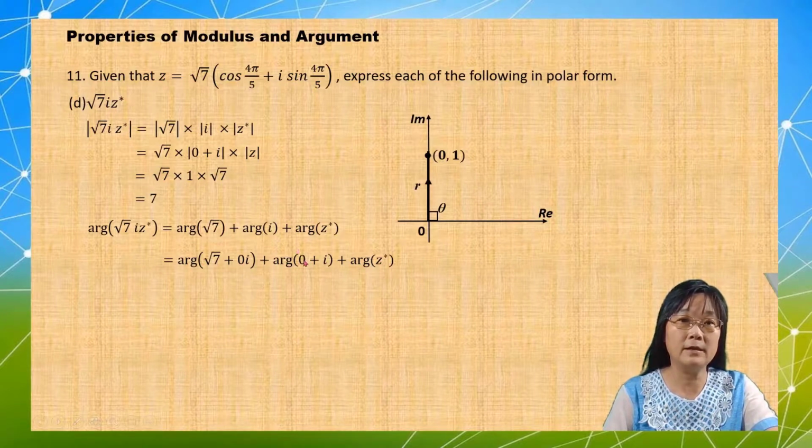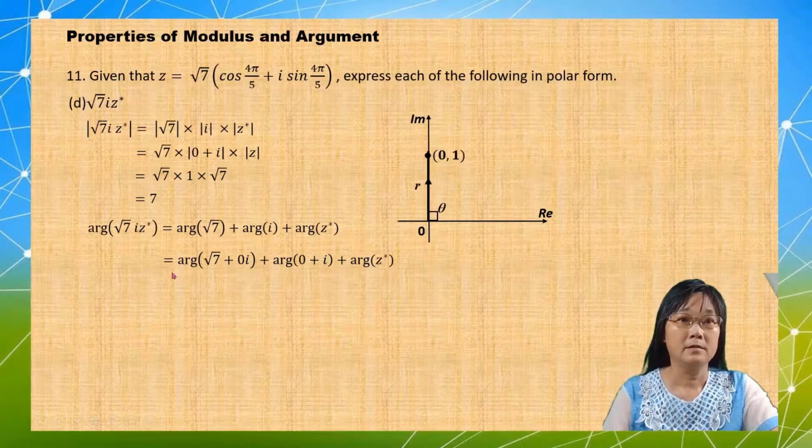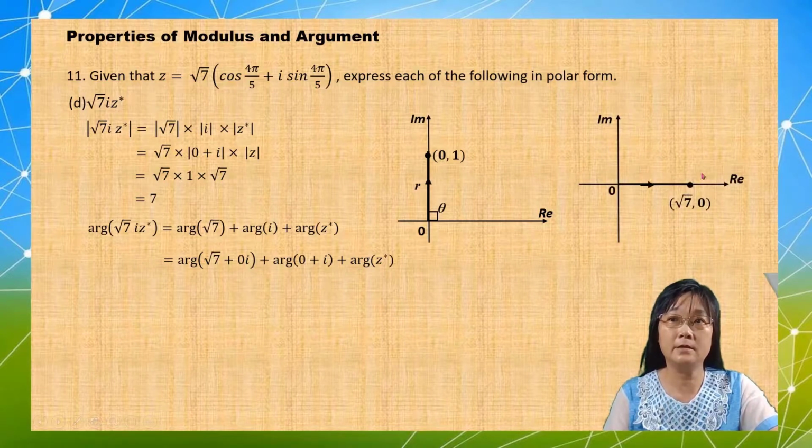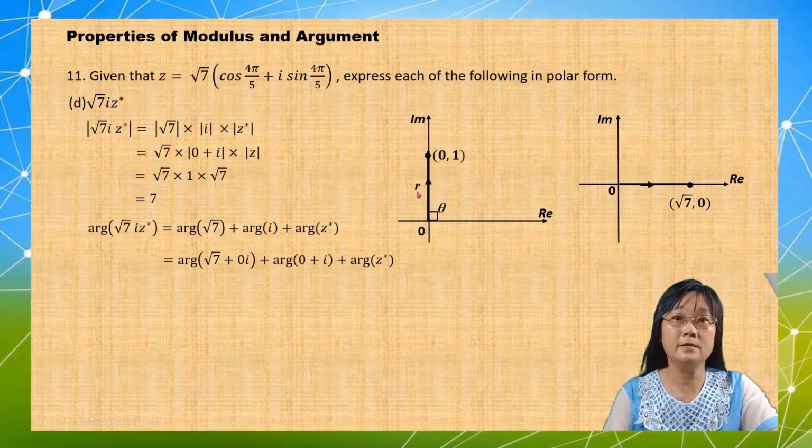For this one, x is 0, y is 1. For the argument of square root of 7, based on this diagram, this complex number is on the real axis, so the argument is 0. As for i, based on this diagram, the argument is pi over 2.